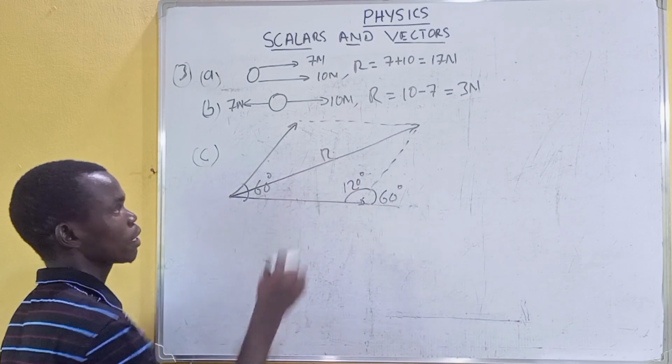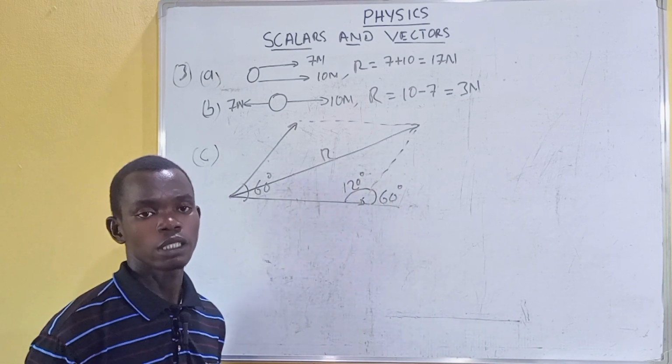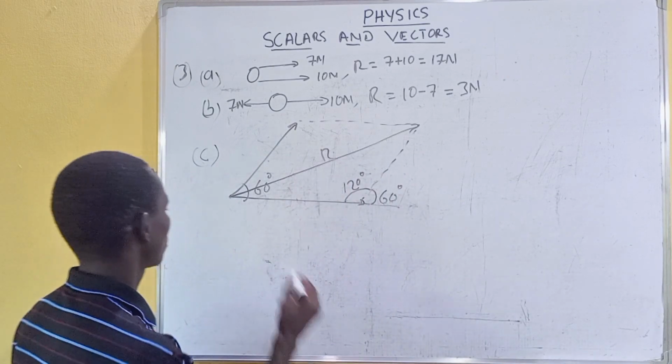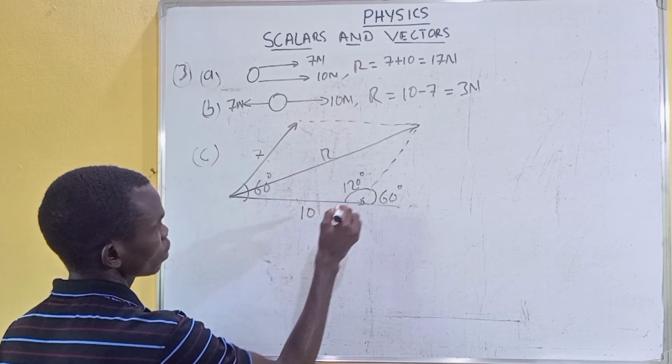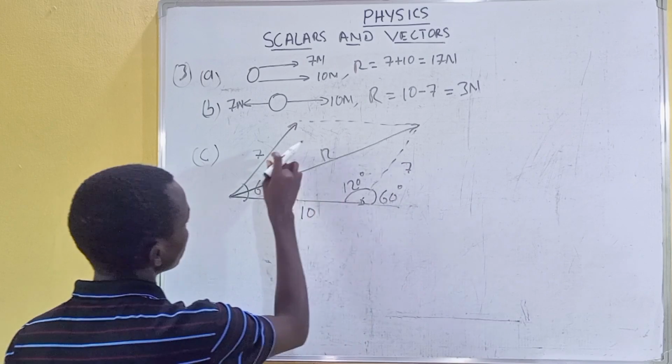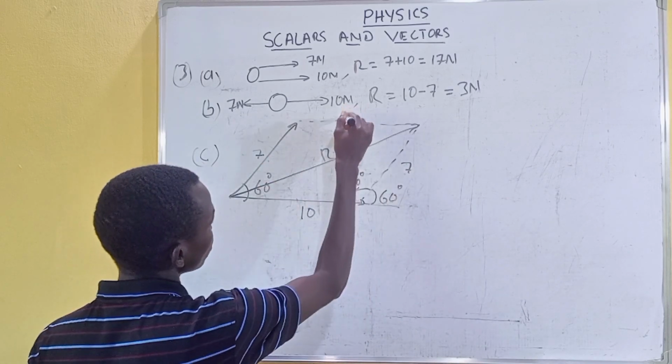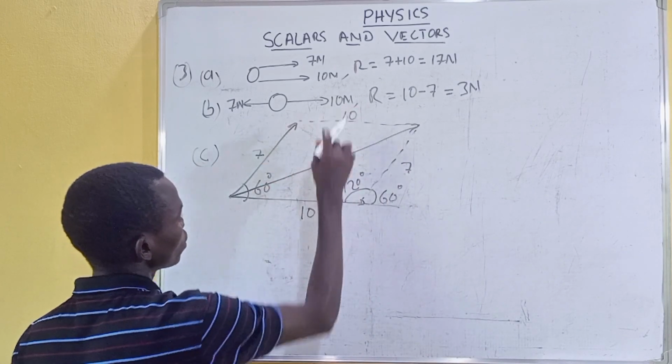From here, we can find our resultant using the cosine rule. So here is 7 and here is 10 Newton. Here is also 7. This is equal to this, and here is also 10. This is equal to this.